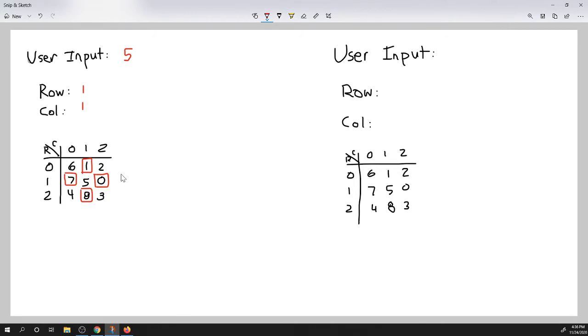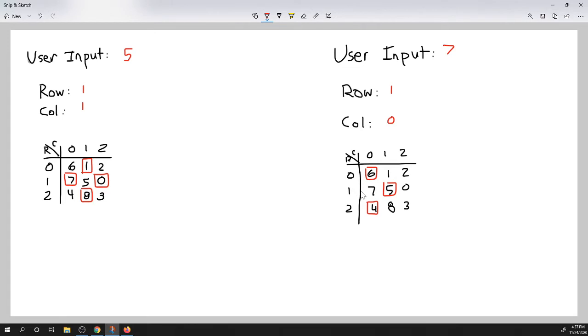So there is a catch to that, right? Let's say that the user enters a 7. Then you would find, okay, the 7 is in row 1, column 0. And so 7 is on the edge of the board right here. So you can certainly look at the one that's above it or the one that's below it. That's fine. You can look at the one that's to the right.